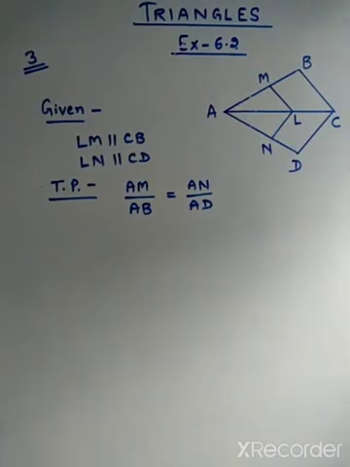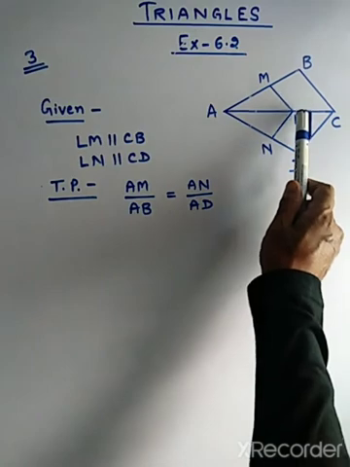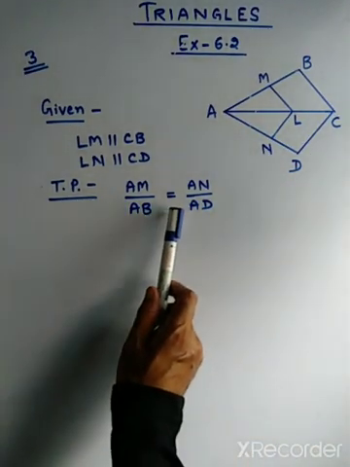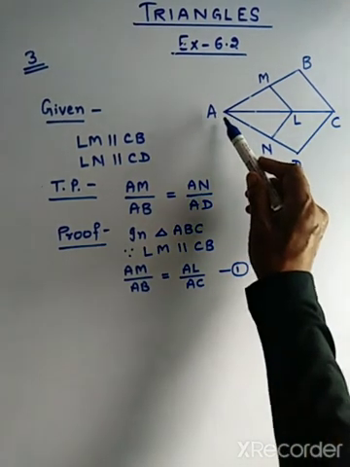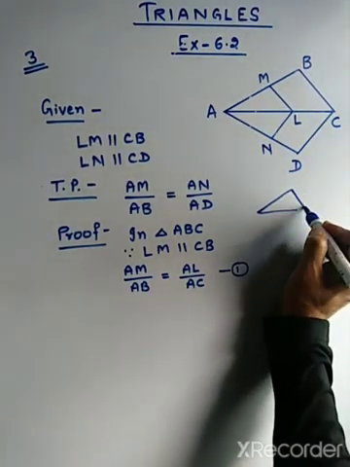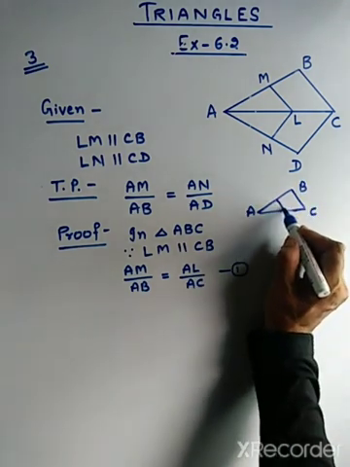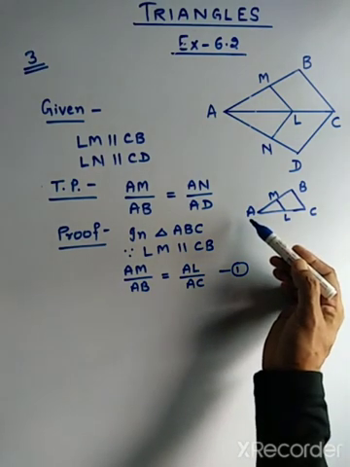Third question of exercise 6.2. It is given that LM is parallel to CB and LN is parallel to CD. Then we have to prove that AM upon AB equals AN upon AD. So in triangle ABC, LM is parallel to CB. So we can use basic proportionality theorem corollary.